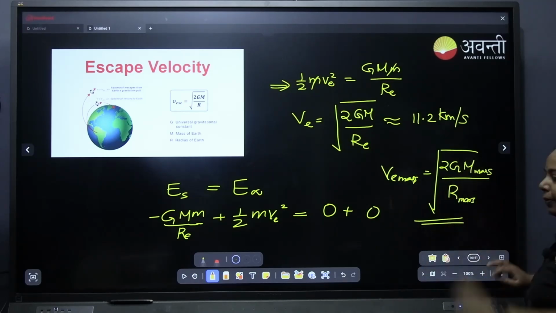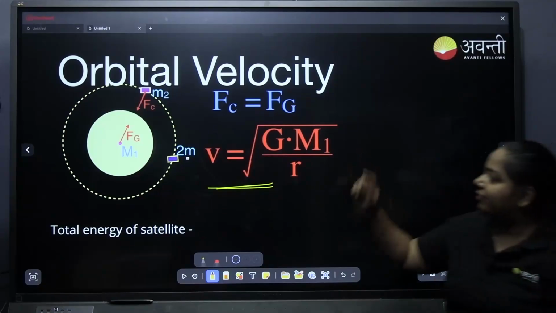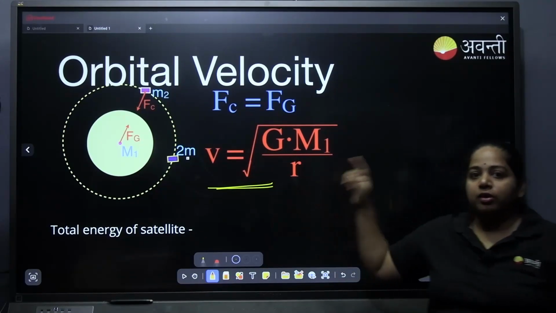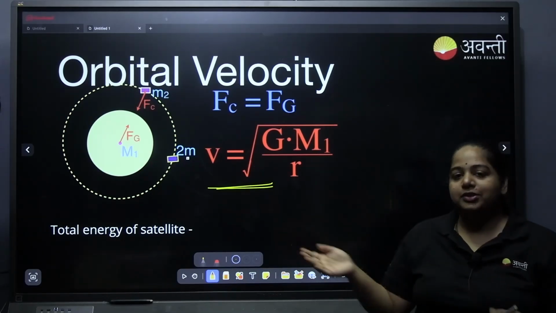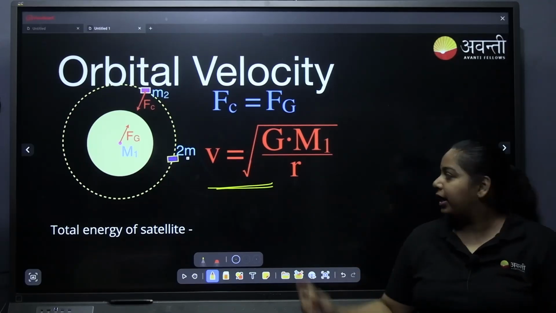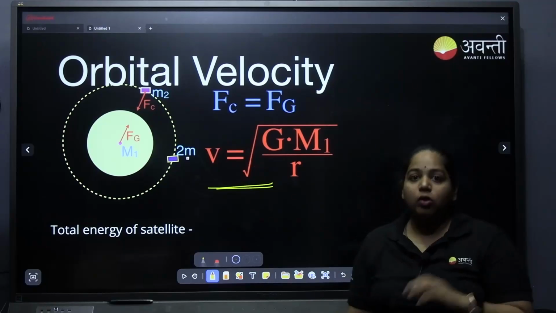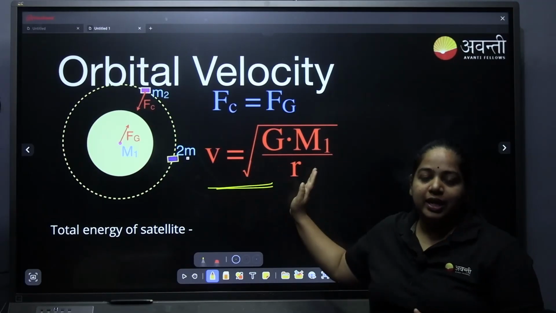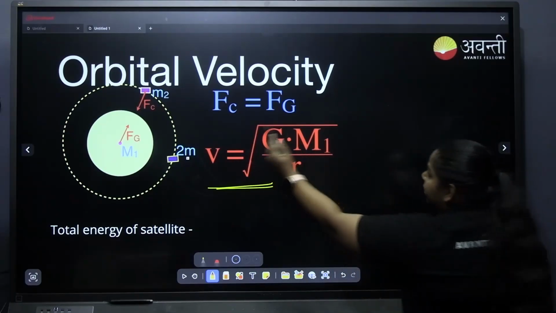You can compare this formula with the orbital velocity. You just don't need to put 2 here. Escape velocity is root 2GM by r. Orbital velocity is root GM by r. r will be the radius of the orbit it is following. There r is the radius of Earth, here r is the radius of the orbit. How are we finding that?